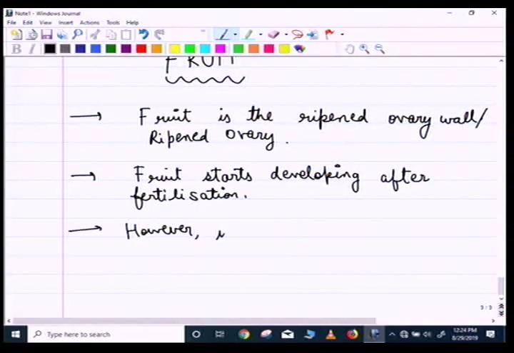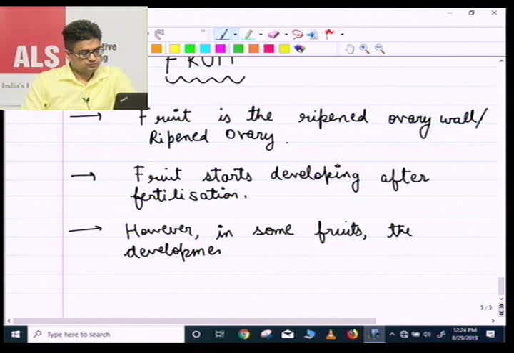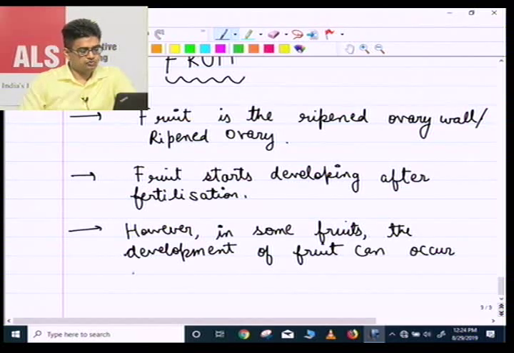So please write this. However, look, exception is everywhere. However, in some fruits, the development of fruit can occur even without fertilization or seed formation.